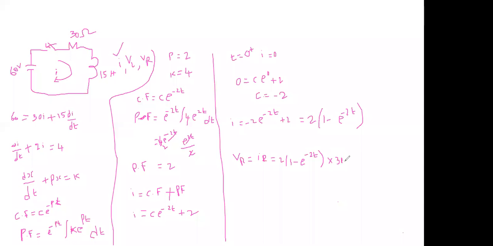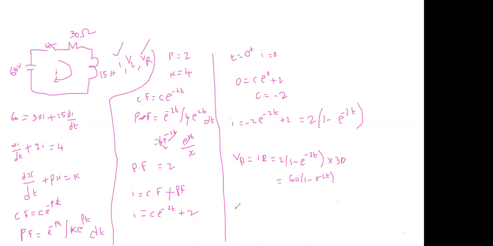Then finally VR equal to 60 into 1 minus e power minus 2t. This is the second question, the VR value.